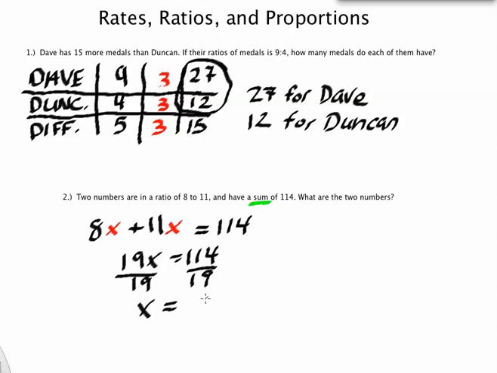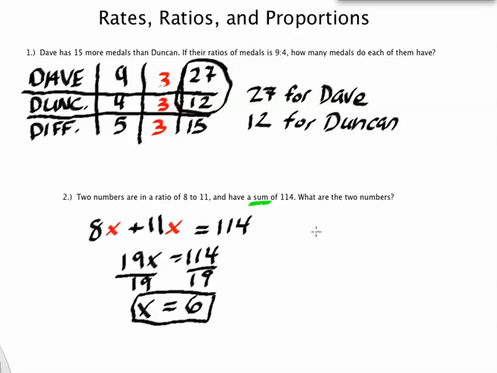And x is going to equal, lucky for me, being the math wizard, I know that 19 goes into 114 6 times evenly. So a lot of people are satisfied with this answer here and they stop. Well, we need to figure out what those two numbers are. So we need to take this 6 and plug it back into our original ratio.